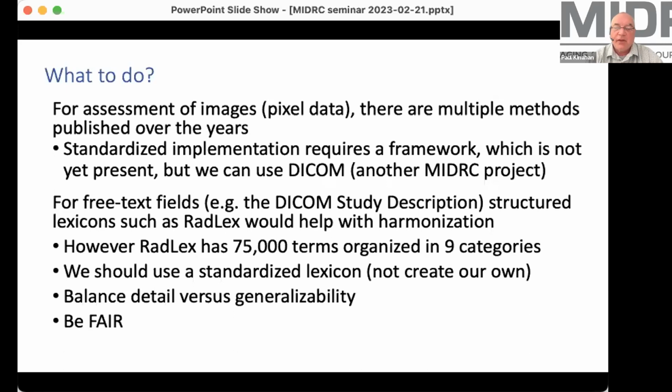That would be a more general description, which would be of more use to somebody who just wants to build a cohort of images to work with and to trust that that description captured the images appropriately. And finally, the approach we'd like to take is a FAIR one, which is findable, accessible, interoperable, and reproducible, which is now becoming the standard for open data or even open science.